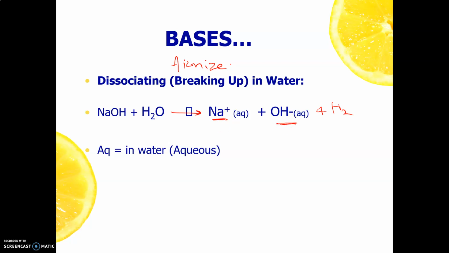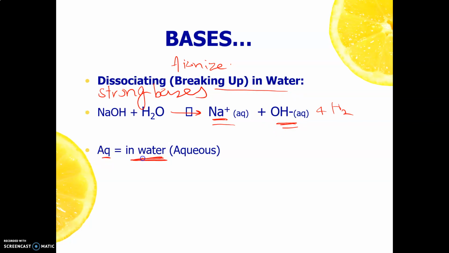Now you tell me, does that make it a good conductor of electricity? Yes, it does. Since you have charged ions, this solution is a good conductor of electricity. So strong bases completely break up in water into positive and negative ions.